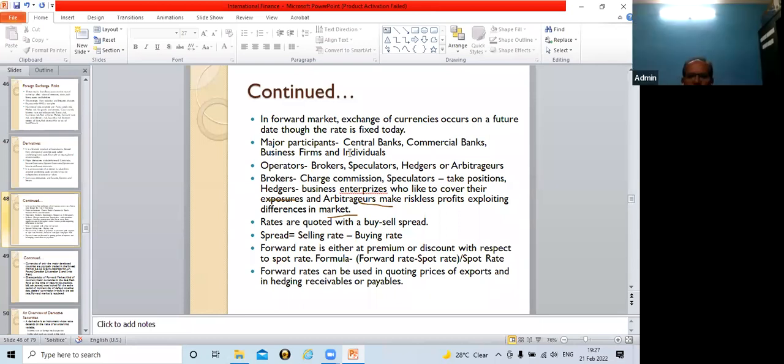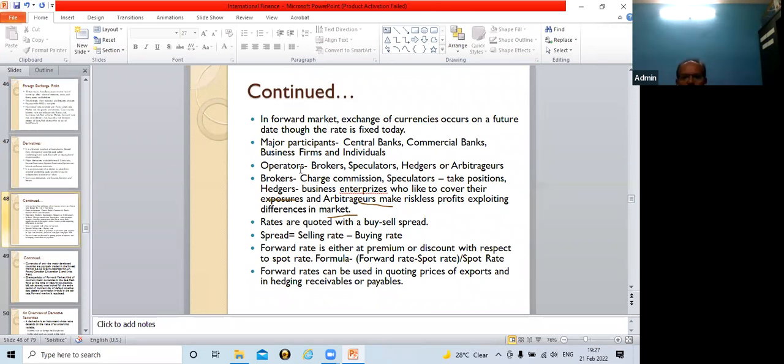So RBI is the major participant, and commercial banks like say HDFC Bank or Kotak Mahindra. Business firms and companies are also participants, and individuals like you and me. Even we can also have transactions in this forward market. Many people who have surplus funds invest in forward market.